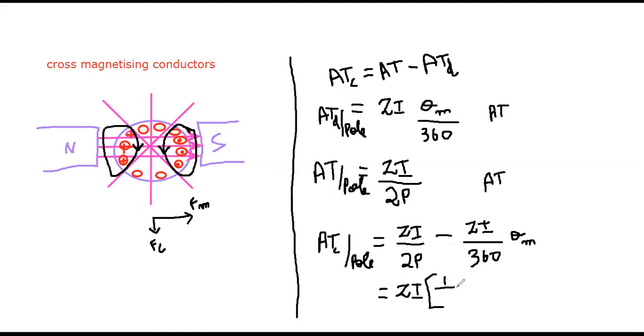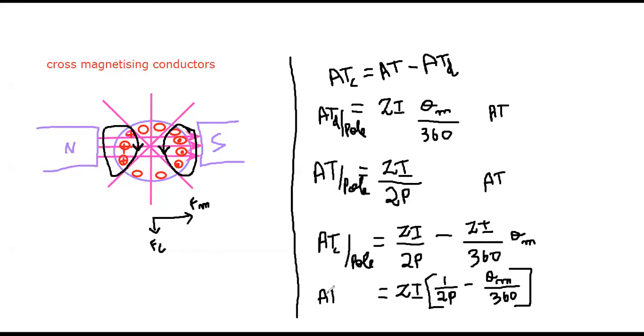So it will become 1 into 2p, minus theta m, because Zi is taken as common outside, so theta m is coming at the numerator, divided by 360.